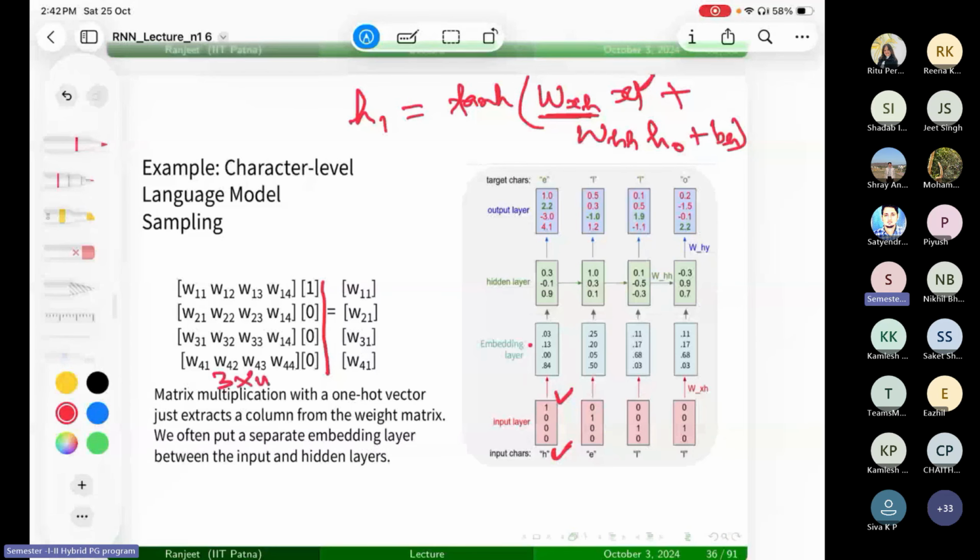Okay, now what is happening here? This vector will be multiplied with this matrix and it will give you the output vector. Now if you carefully see what is happening in this multiplication, only this part is being involved, because for other parts we have 0, so it's getting multiplied with 0.